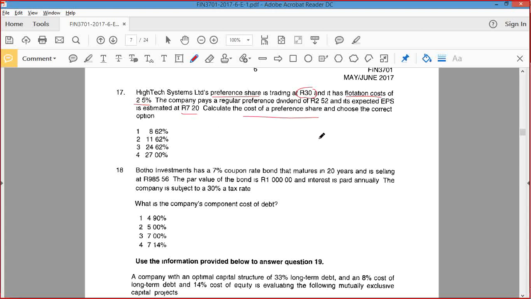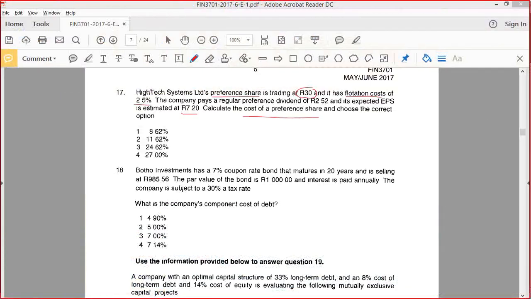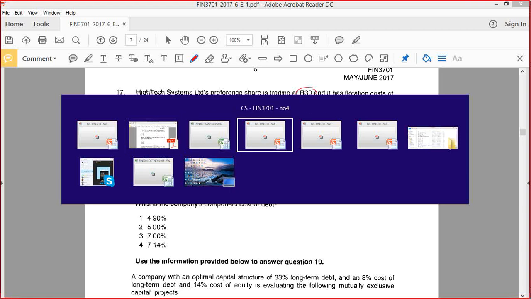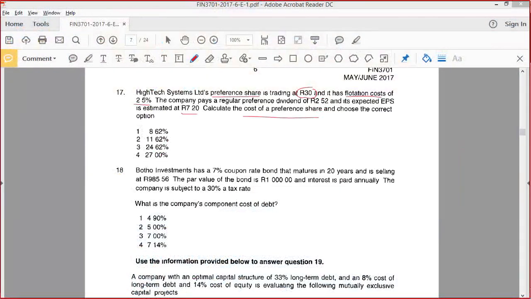Choose the correct option. Okay, here, if you want to, we can use the exact formula that's given in the notes, which I'm going to do now, just to show you a slightly different way of working it out. Let's find that here. Where's my formulas? Okay, cost of ordinary shares.